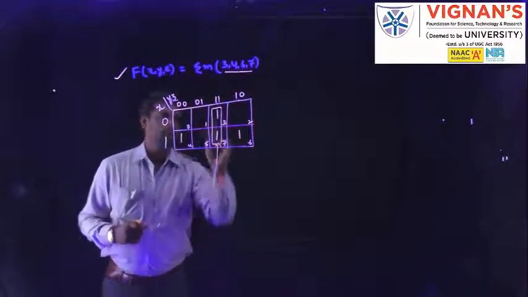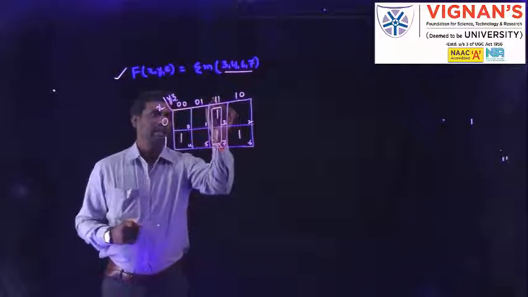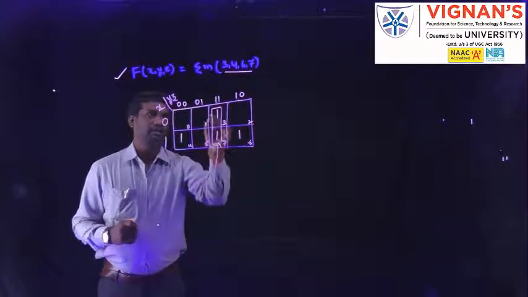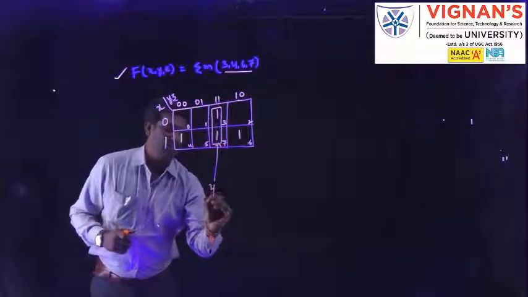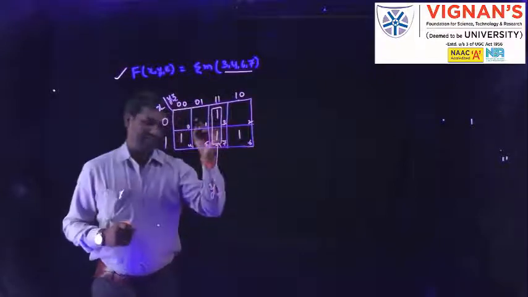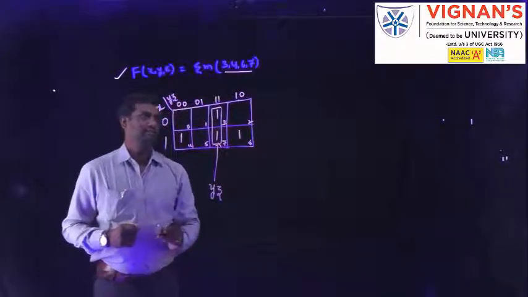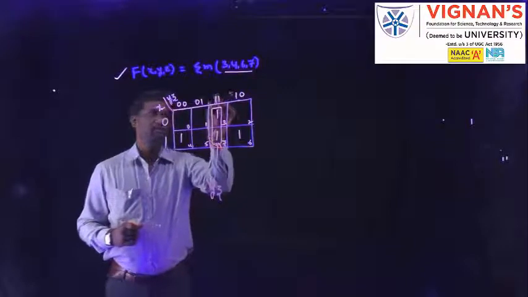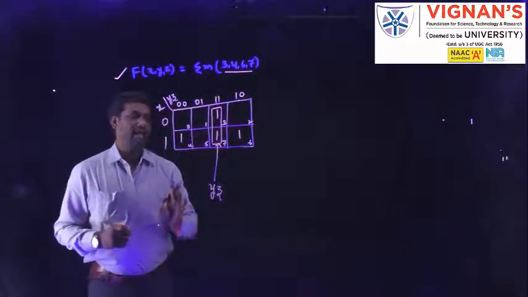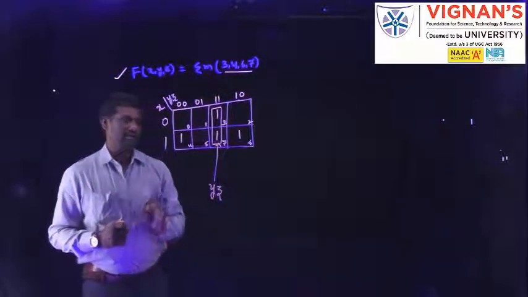That means 1, 1 is the expression we have to follow. The corresponding variable combination is y z, because both are ones, so direct variables we have to assign.